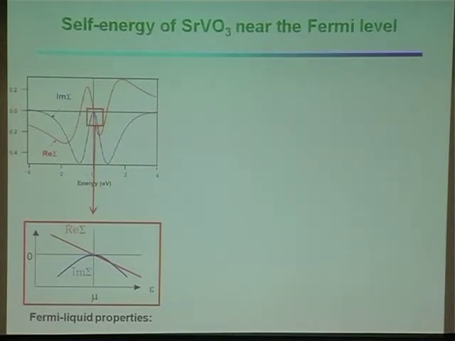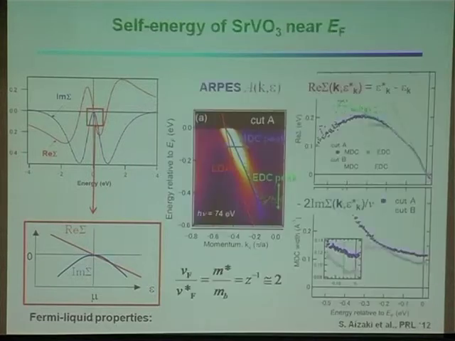The existence of a kink means that the self-energy has a structure near the Fermi level.